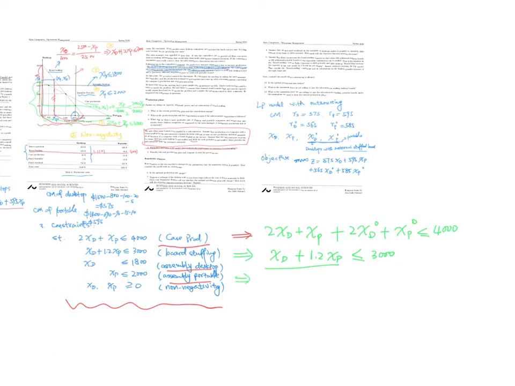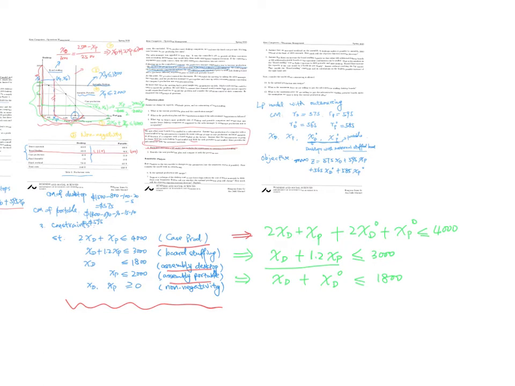For your assembly, you also need to consider the extra products with outsourced or external boards. So xd plus xdo should be less than 1,800.